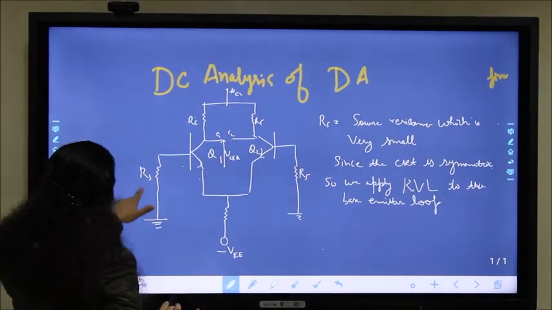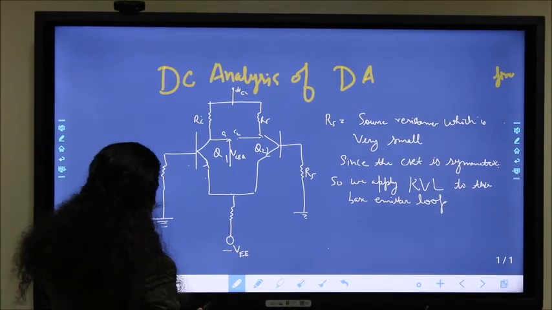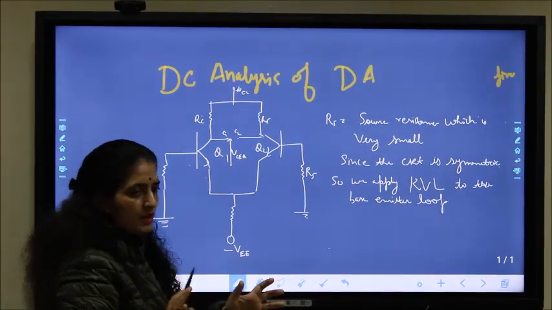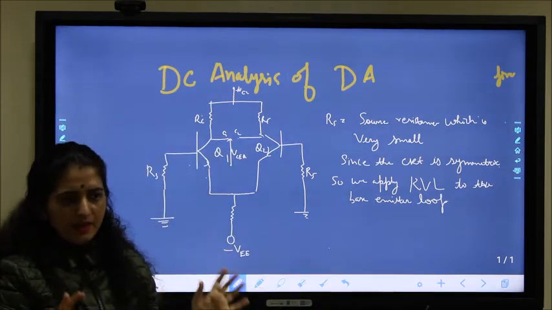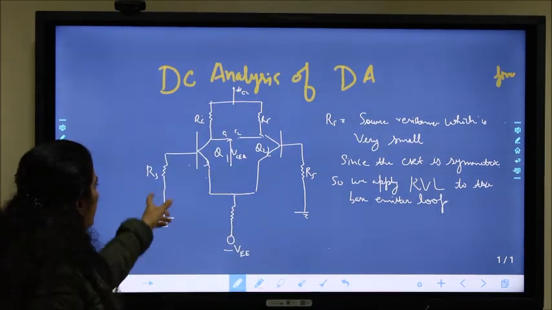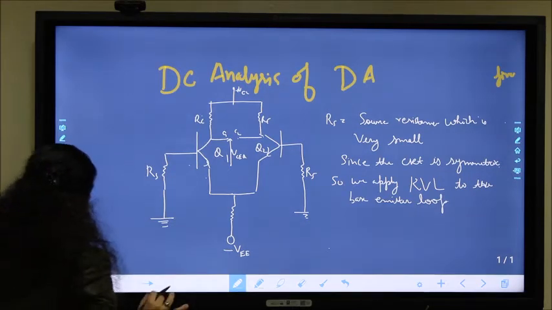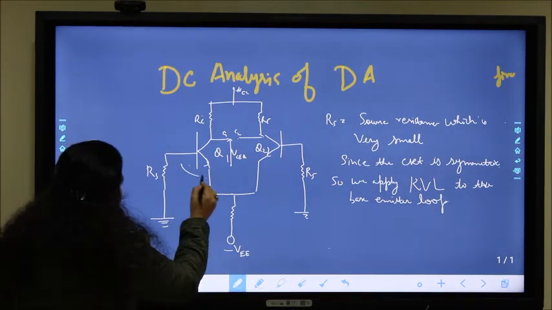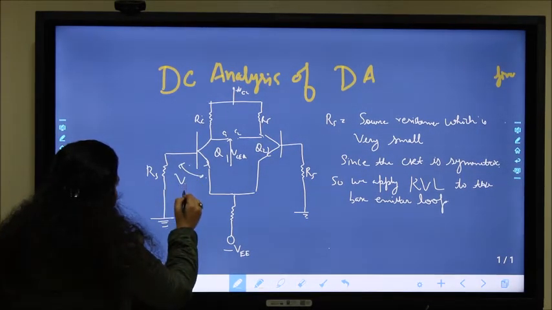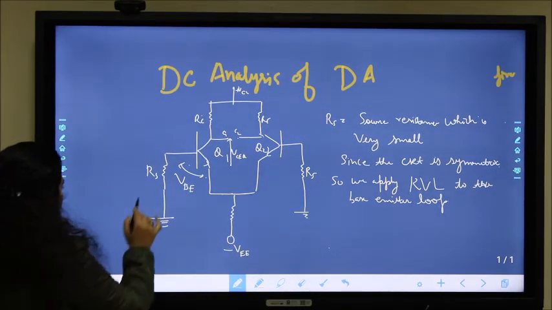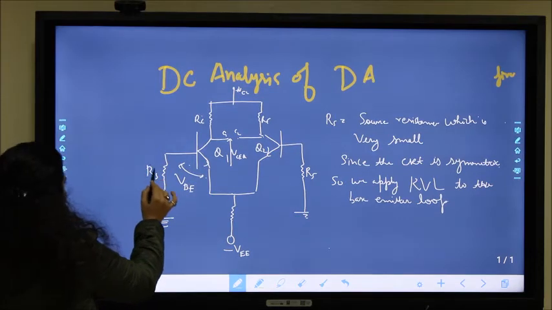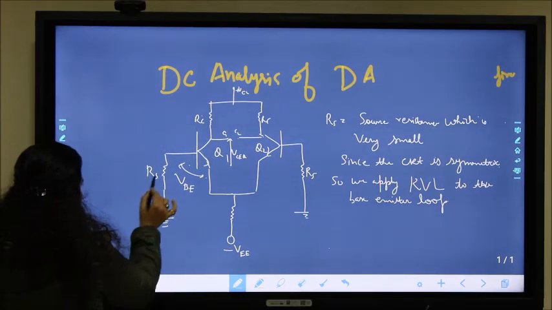Now what is the voltage drop here? We all know Kirchhoff's voltage law: we have to add all the voltages in this base emitter loop. Here the voltage drop is VBE.